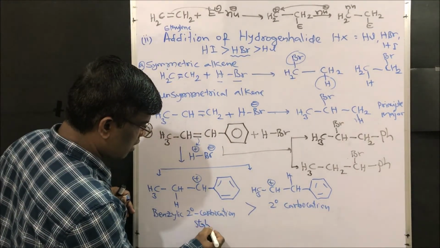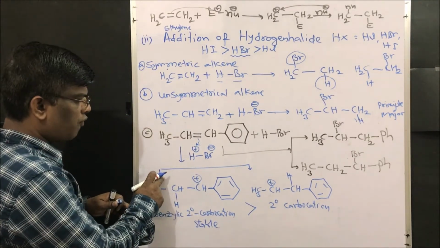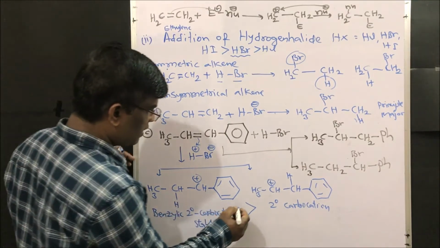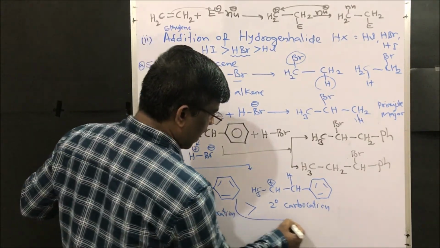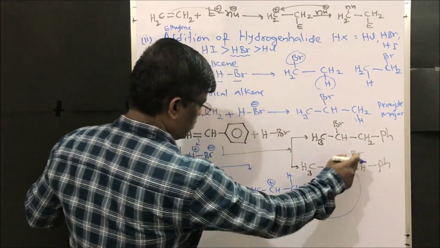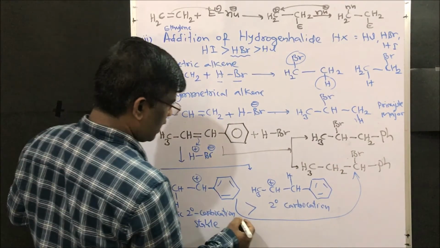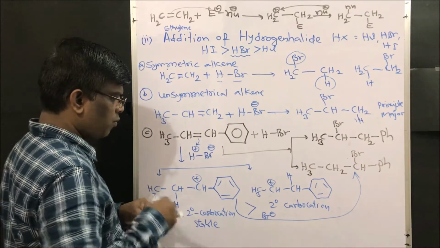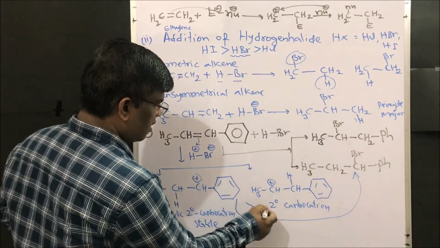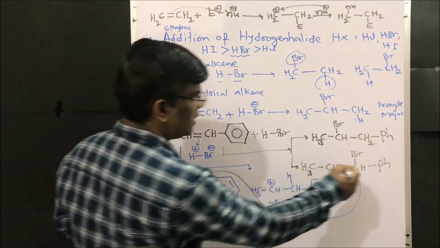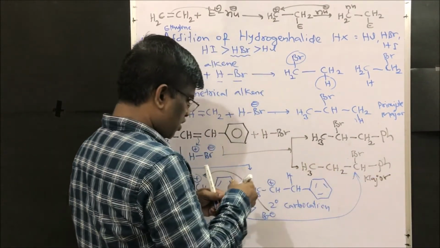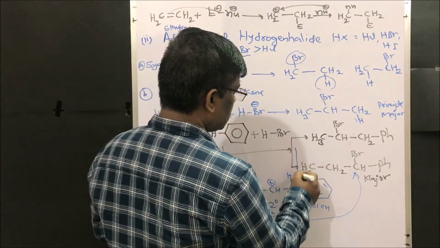So more formation will take place of this benzylic secondary carbocation, which easily takes up bromine and gives this bromo compound. So this bromine will be added here, and this is going to be the major product, dear friends.